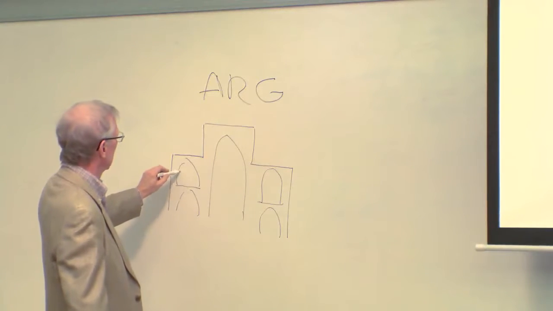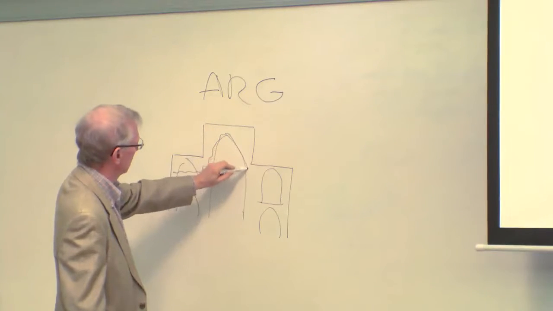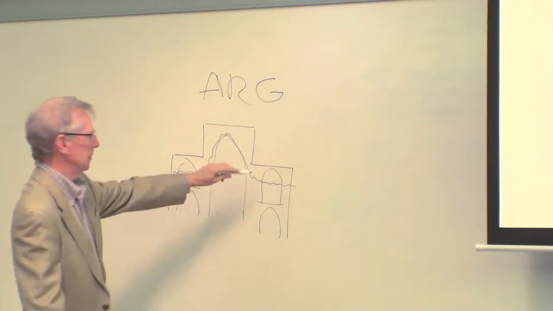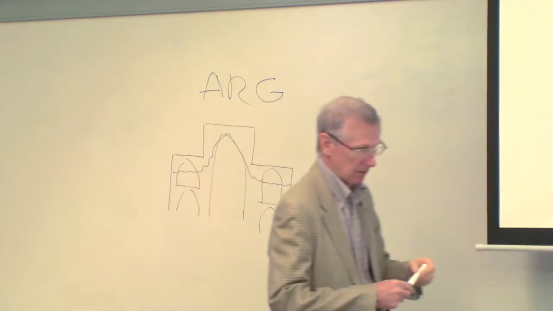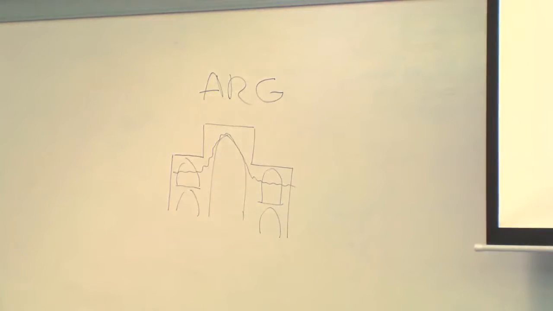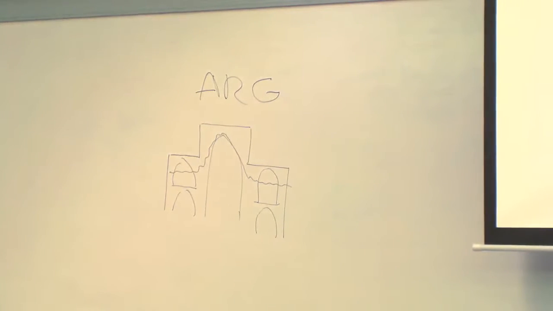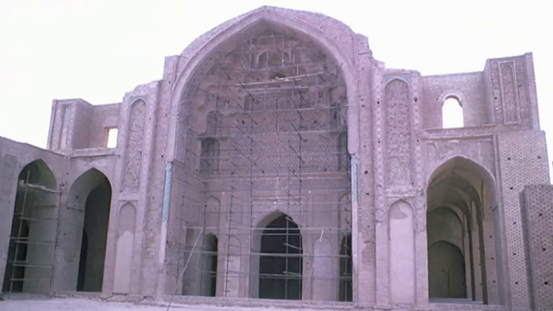And obviously there's been an accident and we have lost the top part of it. So what would the second story have been used for? Well, certainly there is a tradition of using mosques as madrasas in Iran.